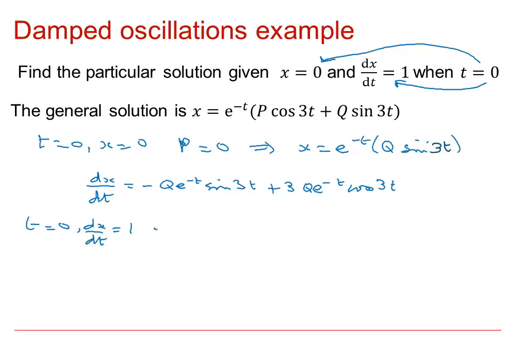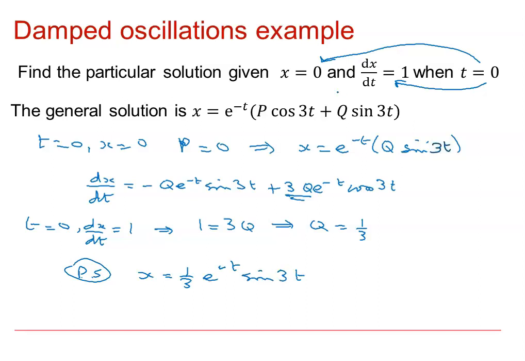So that would give us 1 on the left hand side and 3q here on the right hand side. So we now have a value of q, which is a third, and therefore we have the particular solution, the PS, which would be x equals a third e to the minus t sine 3t.